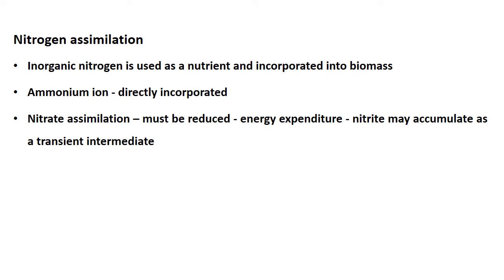The nitrate must be reduced with a significant energy expenditure. And during this process, sometimes nitrite may accumulate as a transient intermediate. So nitrogen assimilation is a process through which inorganic nitrogen gets incorporated into biomass.